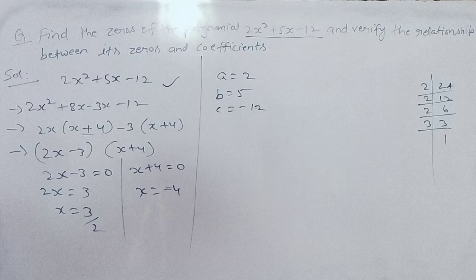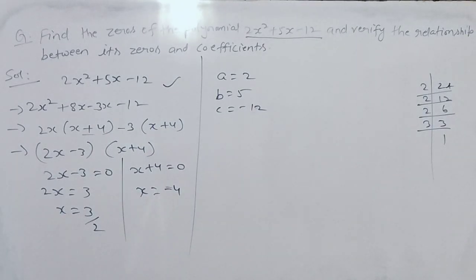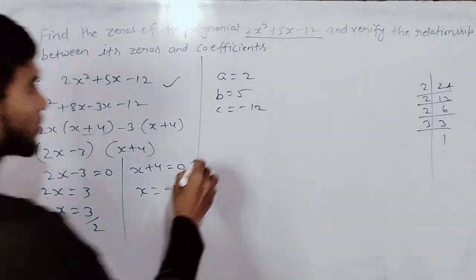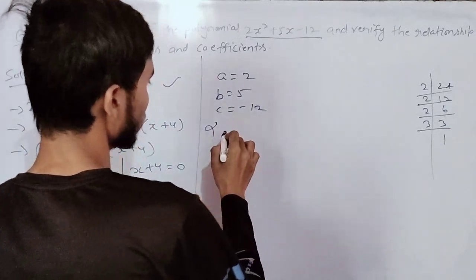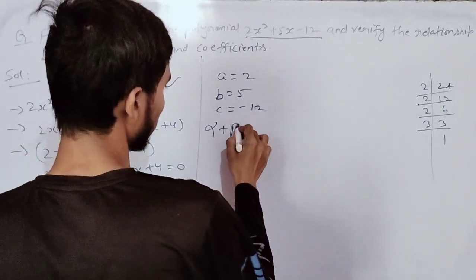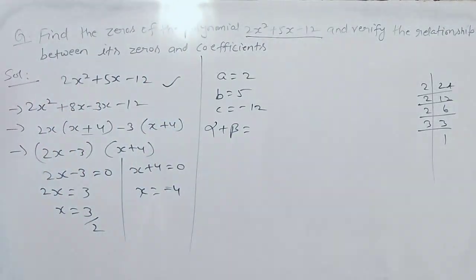Now as you know, a is 2, b is 5, c is minus 12. So always remember, the sum alpha plus beta will give you what?